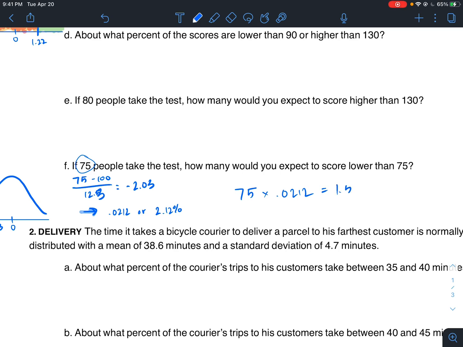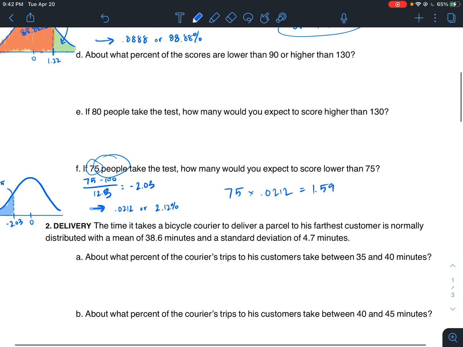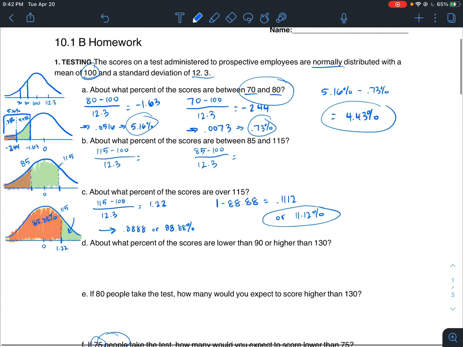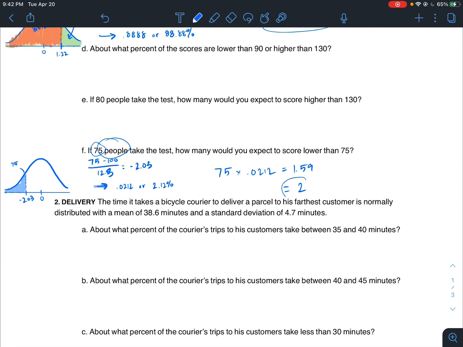But I'm trying to find people, so that doesn't really help me if it's a decimal. So I'm just going to round up and say about 2 people would be expected to score lower than a 75 on this test that employees took.